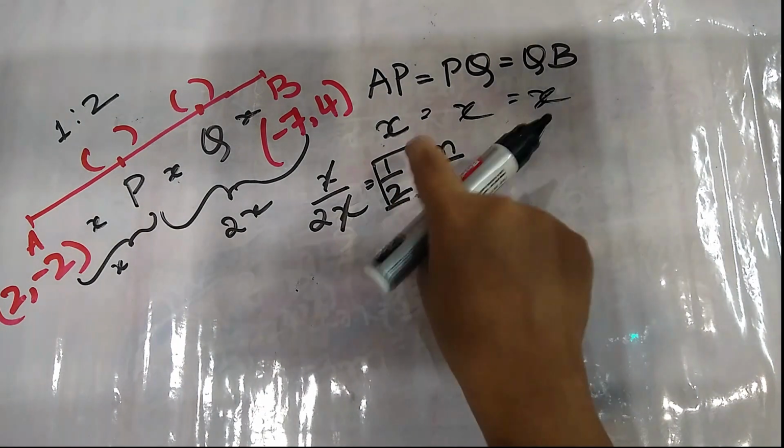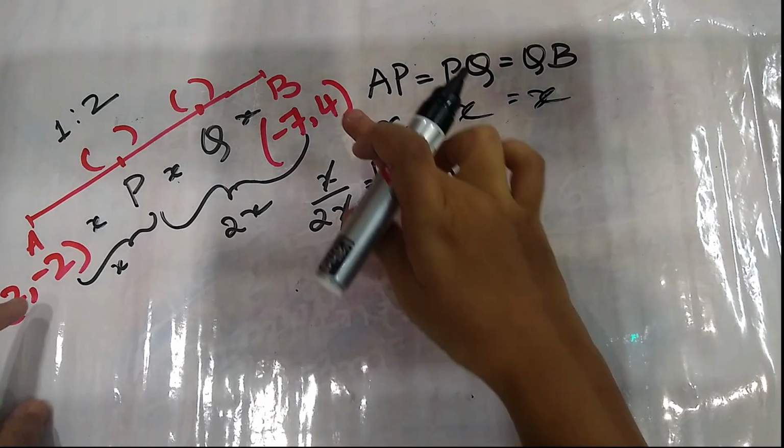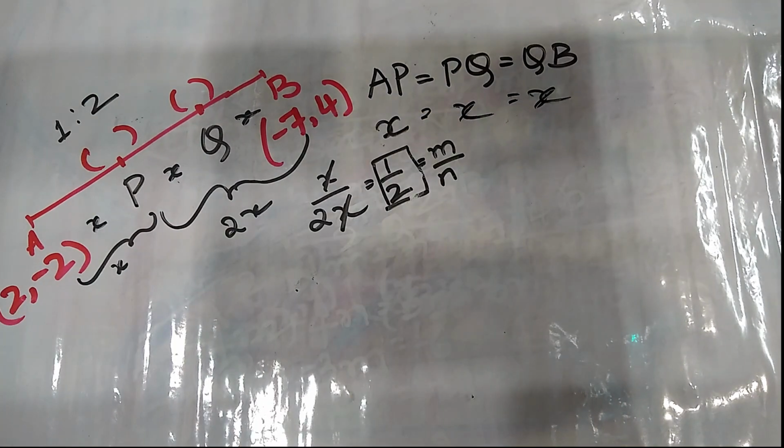So using this m, n and these coordinates that we have here, we'll put that in the formula and figure out this coordinate.